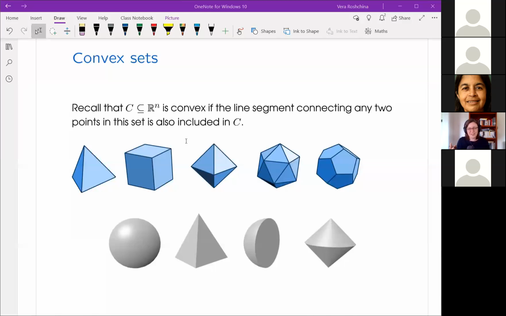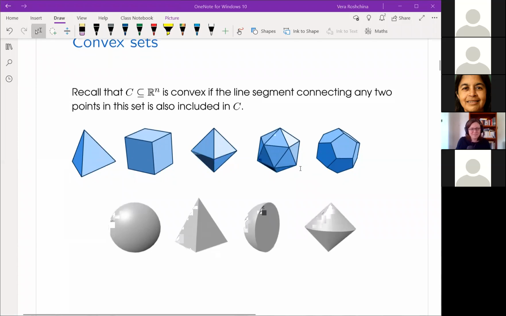And even though they look quite simple in 3 dimensions, in higher dimensions, because it's very difficult to imagine what convex sets actually look like, we get a lot of unexpected behaviors and very strange properties, even though they look very simple, especially, let's say, topologically, a very simple object.